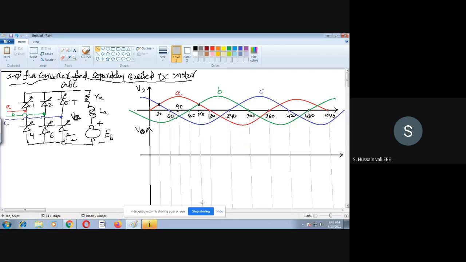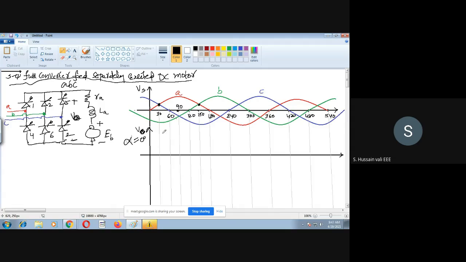Just like I explained last class, if you take from 30 to 90, what do you find? I assume that the firing angle is 0, so alpha is equal to 0.